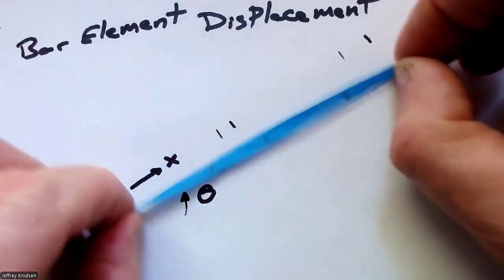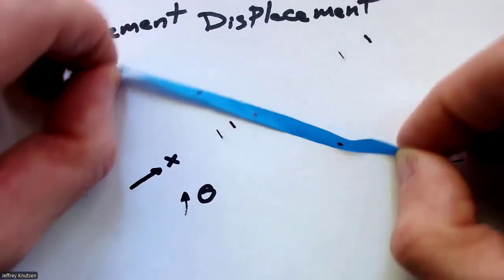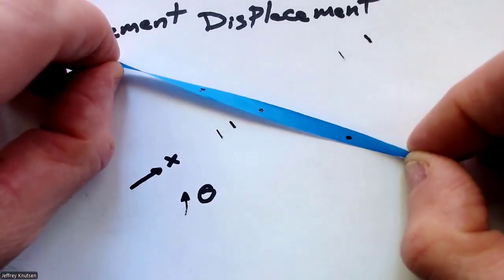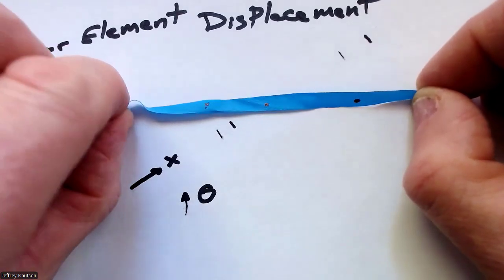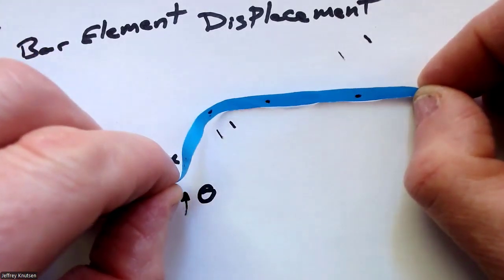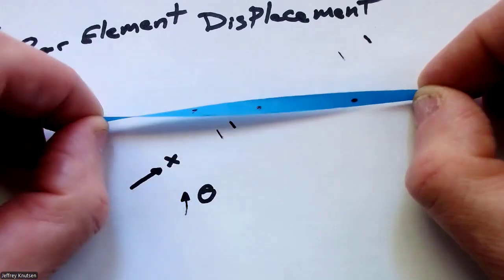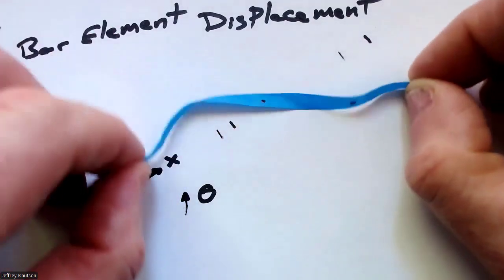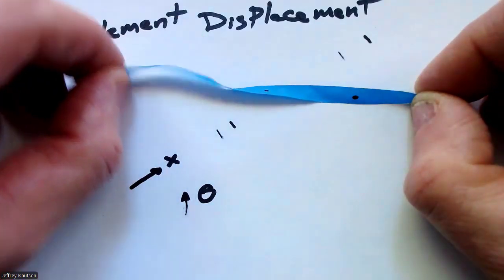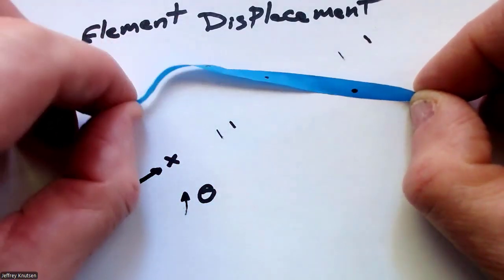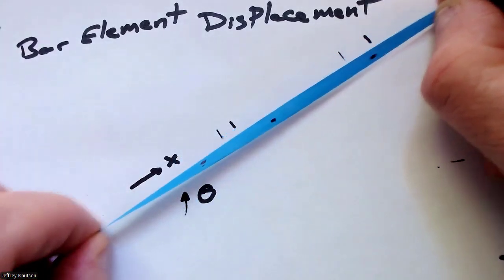Bar elements in general can be oriented any way that we want on the two-dimensional surface. In that case, we do have to eventually convert the local coordinate axis into something that's global. A global coordinate axis will have components x horizontal and y vertical, but we'll just stick with the local for right now.